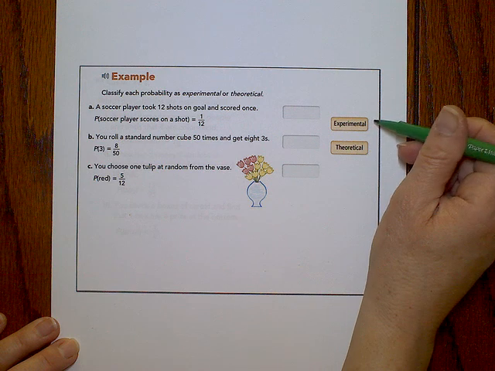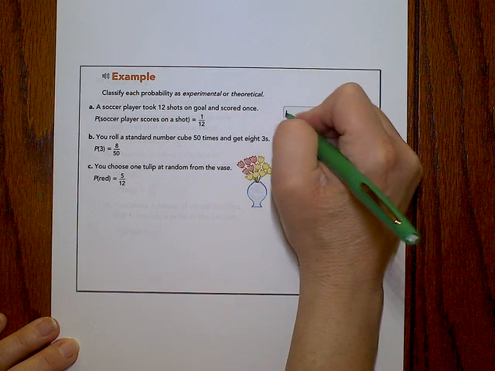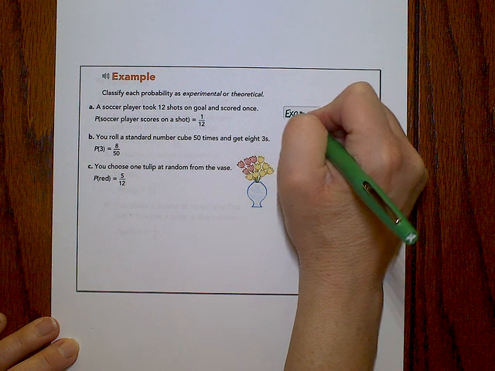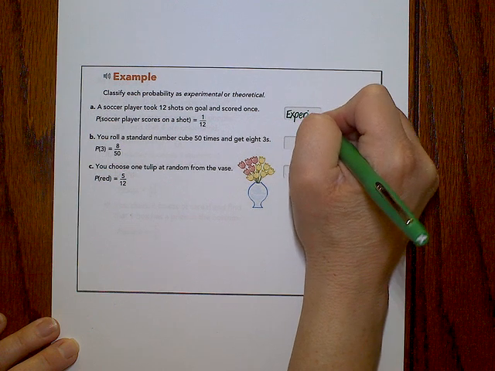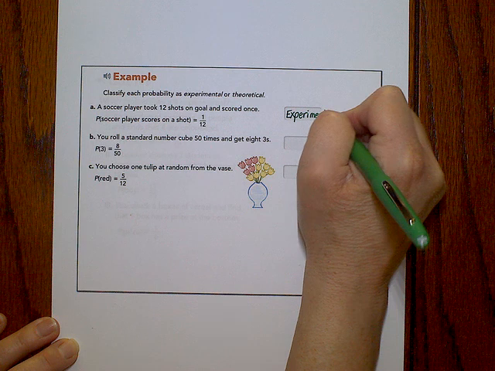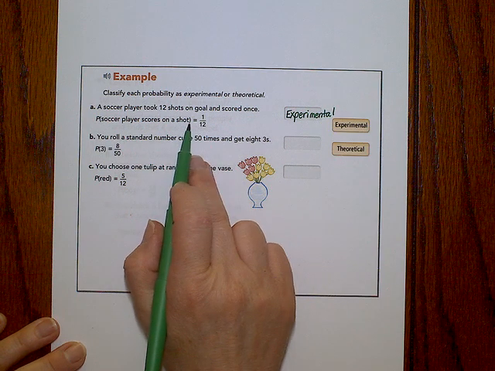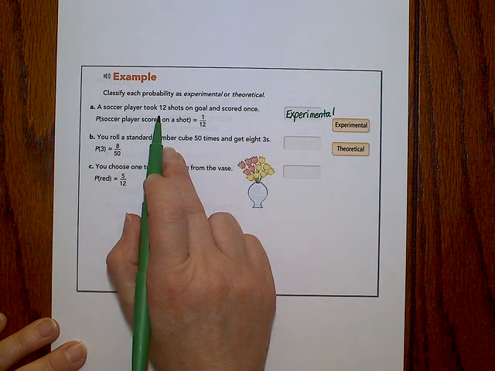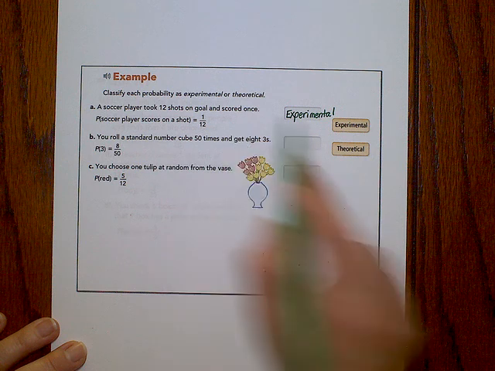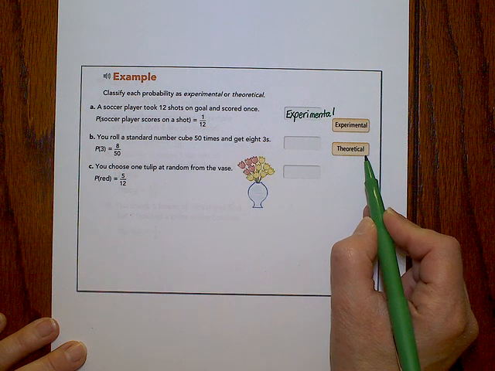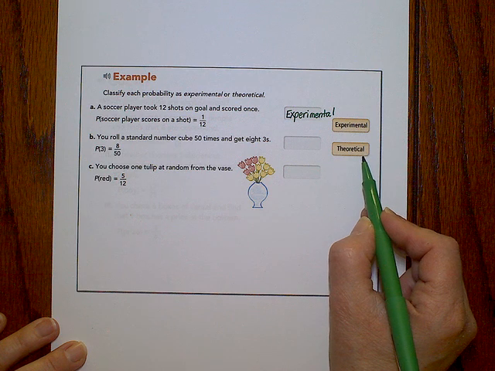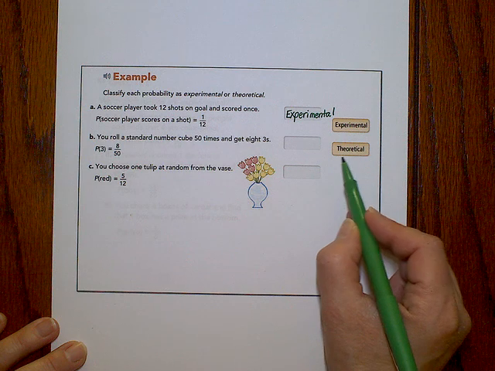The correct answer is experimental. It tells us in the problem that they took 12 shots and they scored once. In theory, what should happen when a soccer player kicks a ball? They either make it or they don't. So that is theoretical.